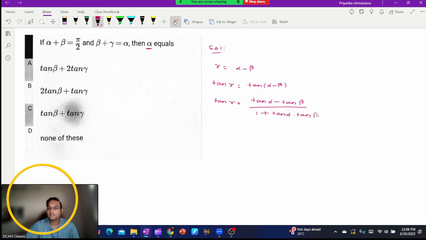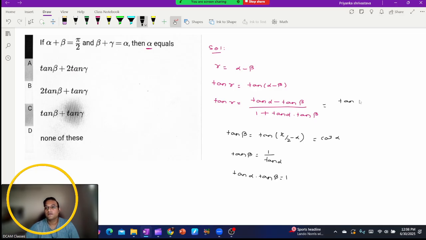Here one more thing I have. Alpha plus beta is pi by 2. So tan beta will be equal to tan of pi by 2 minus alpha, which is cot alpha. That means tan beta is equal to 1 by tan alpha, meaning tan alpha tan beta is equal to 1. So this equation will become tan alpha minus tan beta by 1 plus 1.